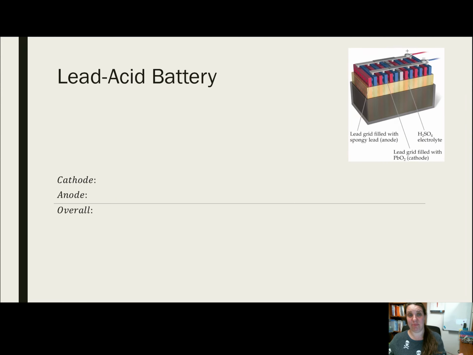The first one is a lead-acid battery. That's the type of battery used in cars. Here we have 6 voltaic cells in series, and each one produces 2 volts of energy.